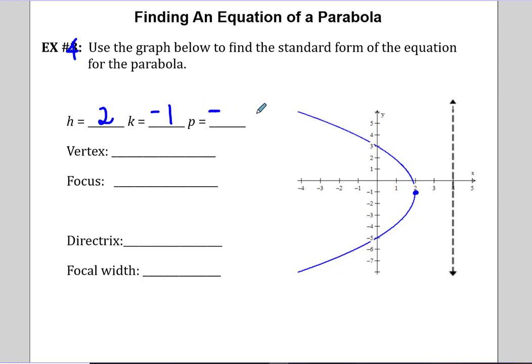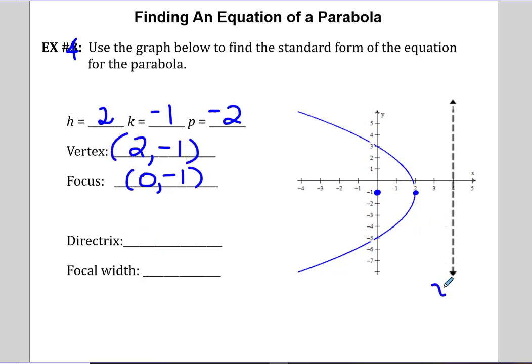Our p-value has to be negative since the parabola is pointing in the negative direction, and it looks like the p-value is 2. So if we go 2 units over, that's going to tell us here's our focus point at 0, -1, with the vertex at 2, -1.